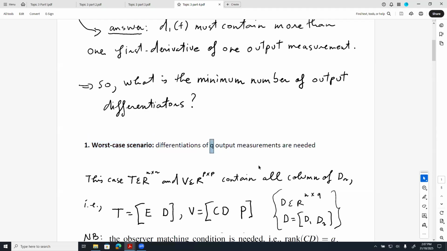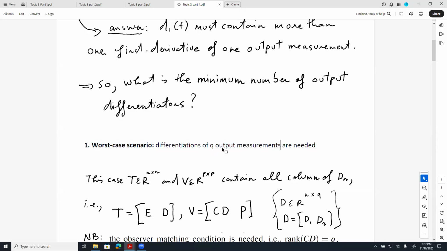So in this worst case scenario, we're going to employ Q output differentiators. So we take Q output measurements from the P output measurements, and then we have to take the first derivative of them.